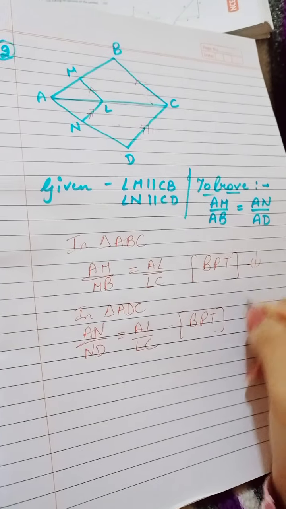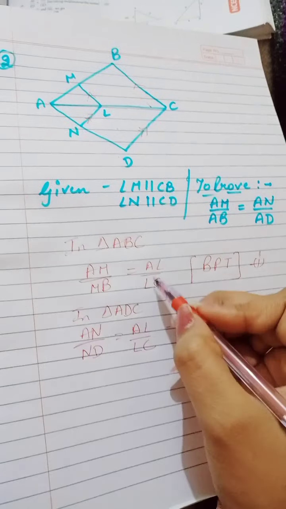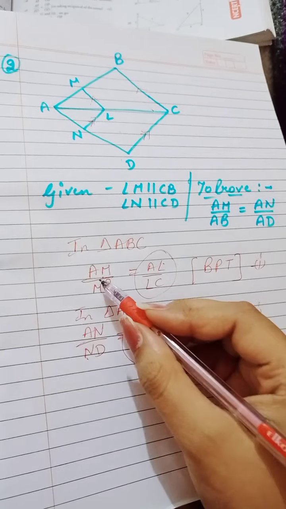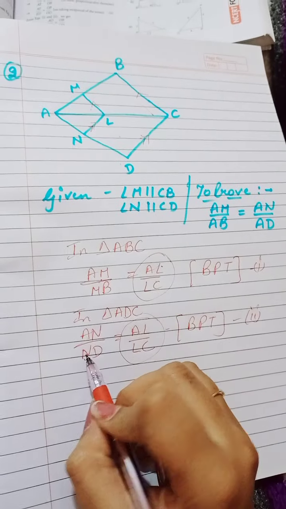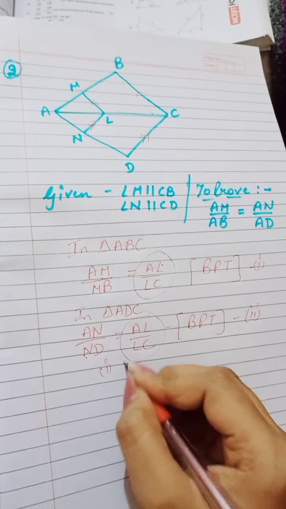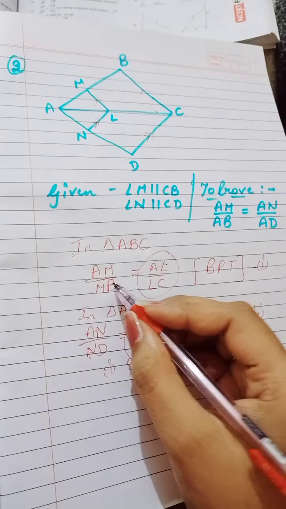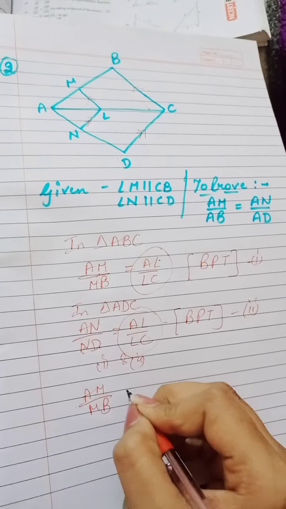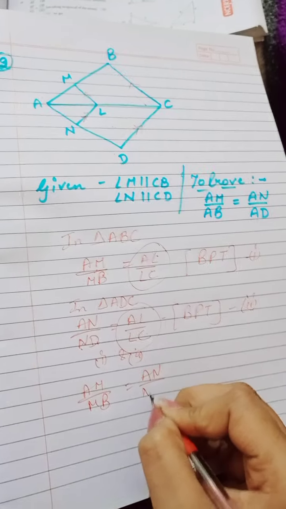So this is the first equation and this one is the second. Both are equal to AL upon LC. From first and second, you can say that both are equal to the same thing. So you can say that AM upon MB would be equal to AN upon ND, right?